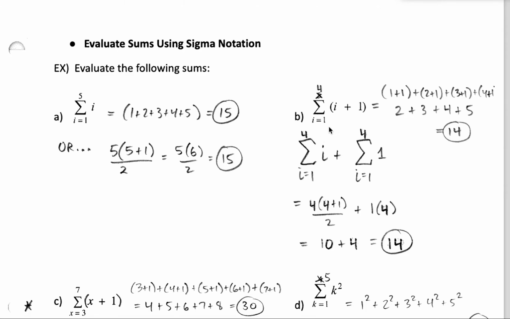All right, in part B, we have 2 terms in our function. So we're going to use that sum and difference rule. We're going to distribute our sigma to each of those terms. So we're going to find the sum from 1 to 4, and then we're going to add this constant term of 1 added to itself 4 times. That's the length of our interval from 1 to 4.